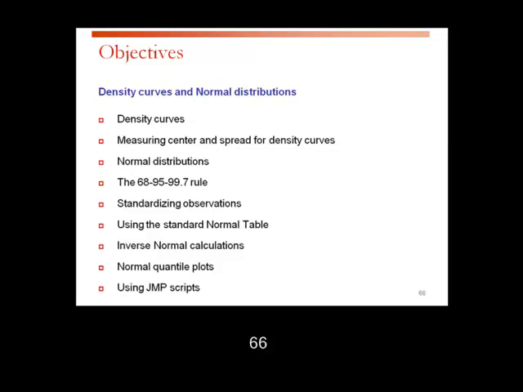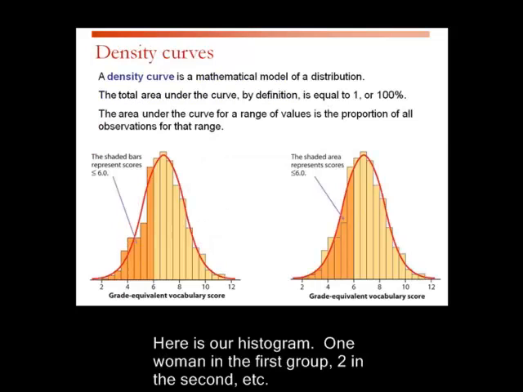So we're going to talk about a specific type of distribution, but I just want you to remember the basic definition of a distribution, which is basically how is the data spread. So here is an example of a distribution. Look at the distribution on the left-hand side.